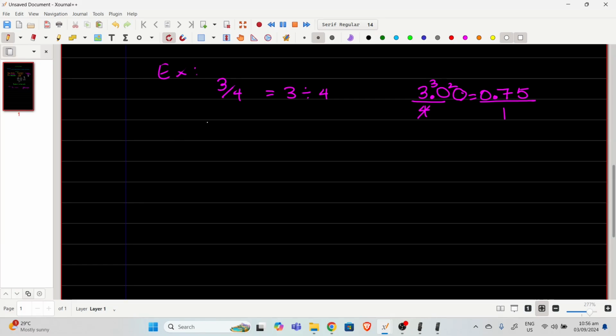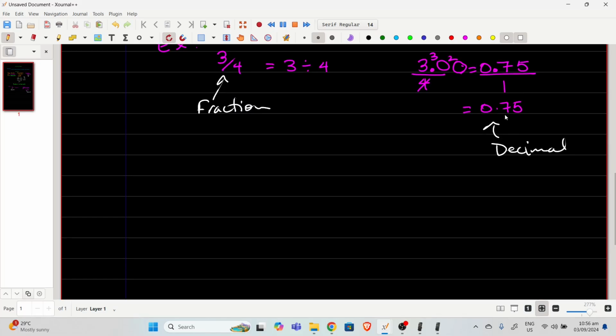So as a fraction, it's 3/4, and as a decimal, it is 0.75. Now, it's very simple to convert from a decimal into a percentage, right?